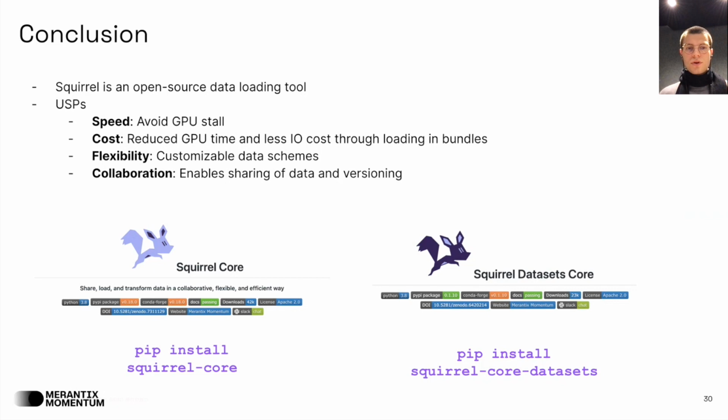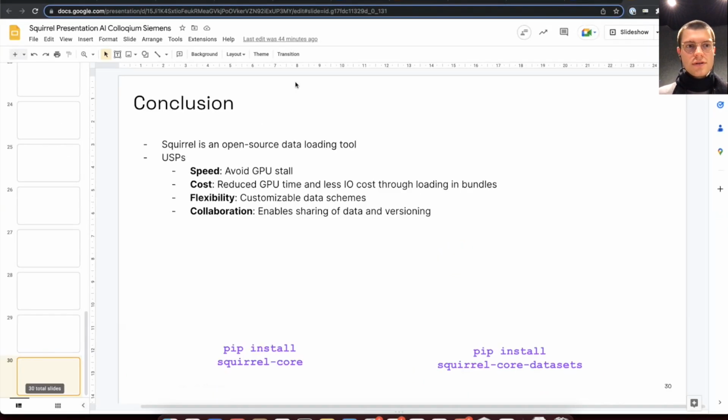If you want to install Squirrel, there are 2 main repositories: Squirrel Core, the main package that you want to install if you want to use Squirrel, and Squirrel Datasets, which implements some more specialized drivers, for example, these Hugging Face and Hub drivers. Thank you so much for your attention.